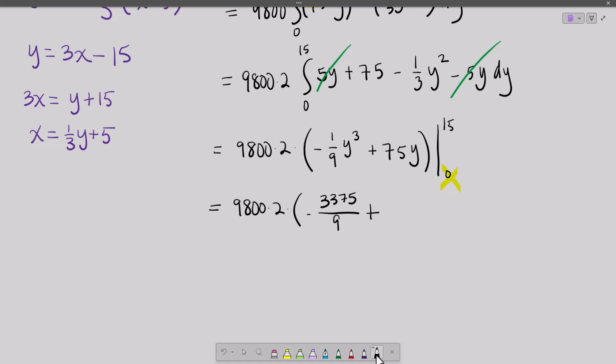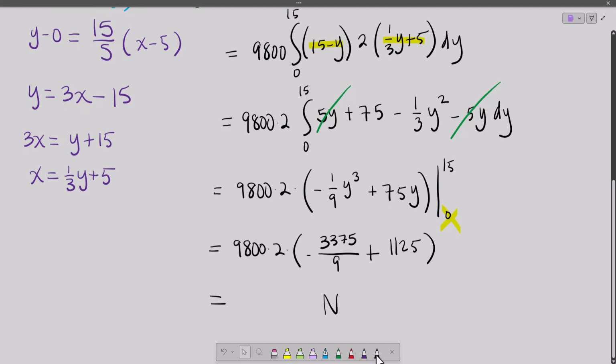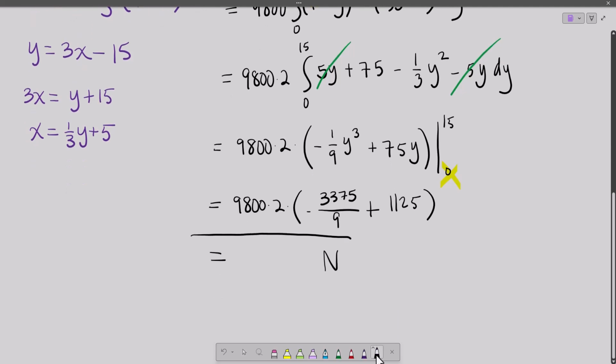Plus 75 multiplied by 15. So that's 1125. So we've got that. Then we just have to simplify it. Add all that up. I'll do that during the break. And that will be with units of newtons. So that's going to be the force on the wall.